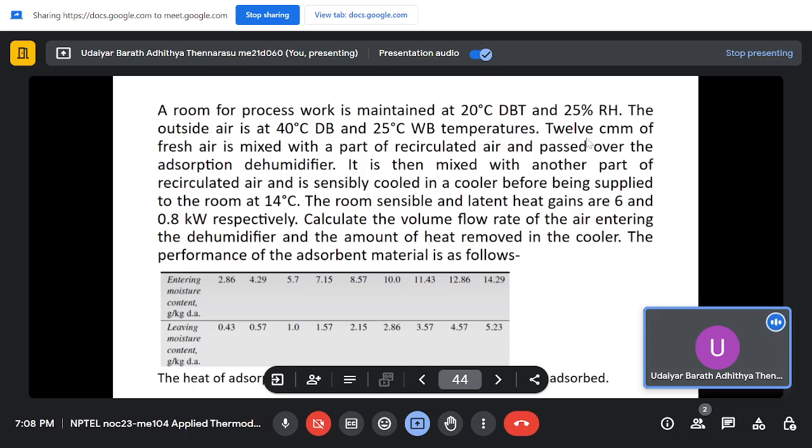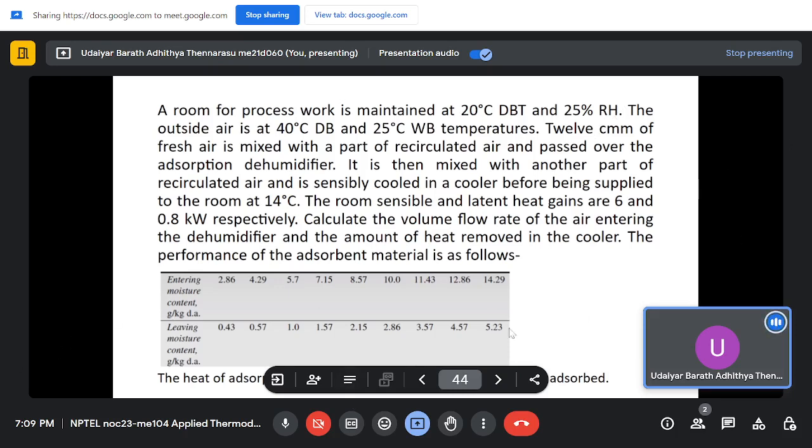It is then mixed with another part of recirculated air and is sensibly cooled in a cooler before being supplied to the room at 14 degrees Celsius. The room sensible and latent heat gains are 6 and 0.8 kilowatt. Calculate the volume flow rate of the air entering the dehumidifier and the amount of heat removed in the cooler.